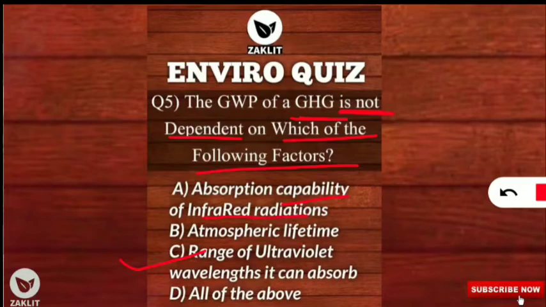So how much infrared radiation that greenhouse gas is able to absorb determines its global warming potential. Similarly, atmospheric lifetime of that greenhouse gas also helps in determining its global warming potential. But the range of ultraviolet wavelengths it can absorb does not have any dependency on the global warming potential of the greenhouse gas. So option C is the incorrect statement.